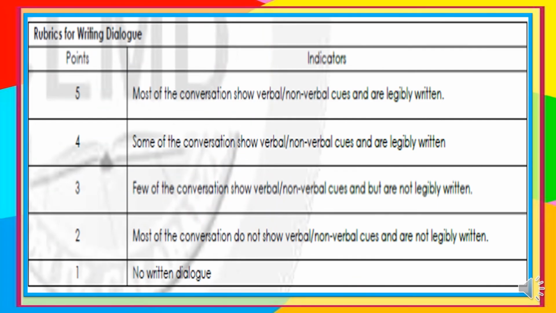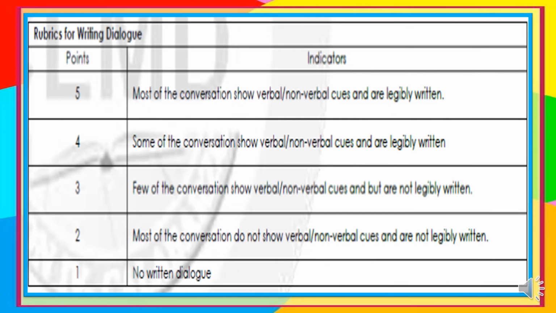And here is the rubric for writing a dialogue. So you have there the indicators and the points. You will get 5 points if most of the conversations show verbal and nonverbal cues and are legibly written. And you will get 4 points if some of the conversations show verbal and nonverbal cues and are legibly written.